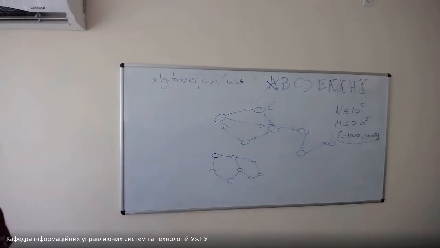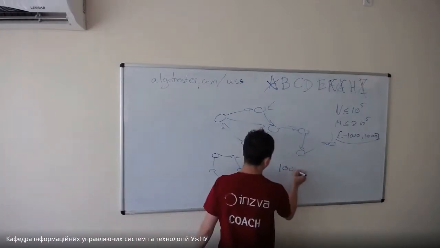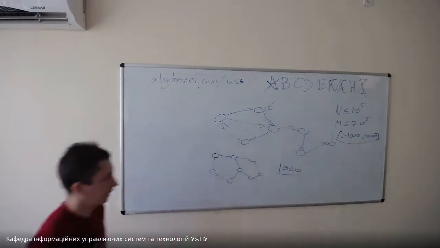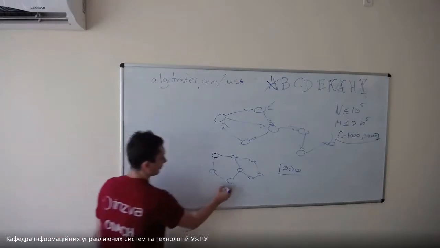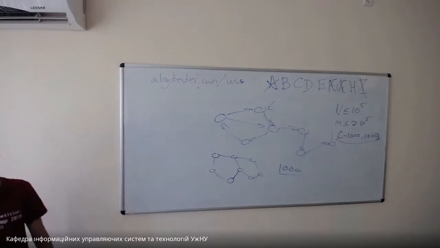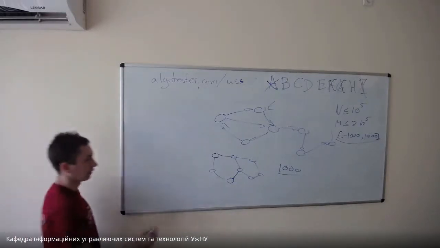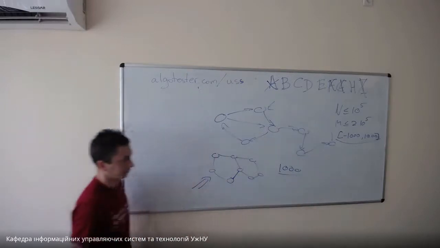And now let's color this graph into 1,000 colors. And here the common rules of coloring of the graph apply. If two vertices are connected by an edge, they cannot have the same color. So imagine that we know how to color this graph into 1,000 colors.